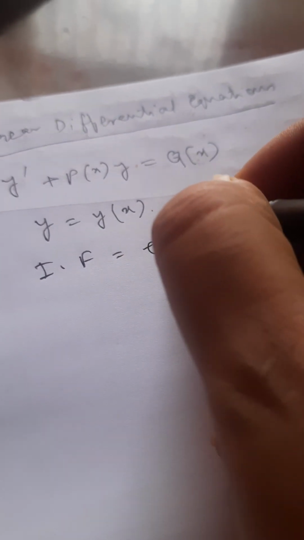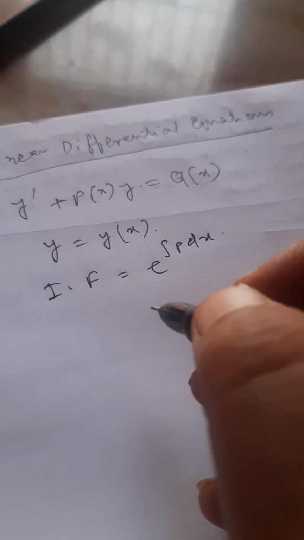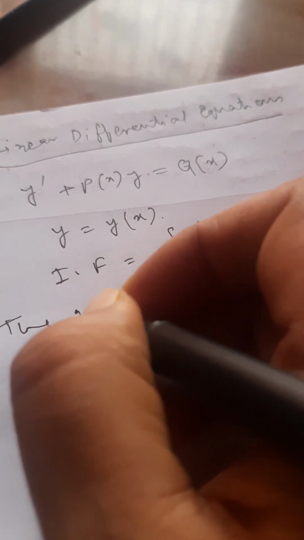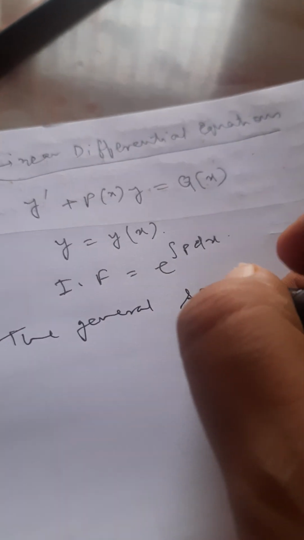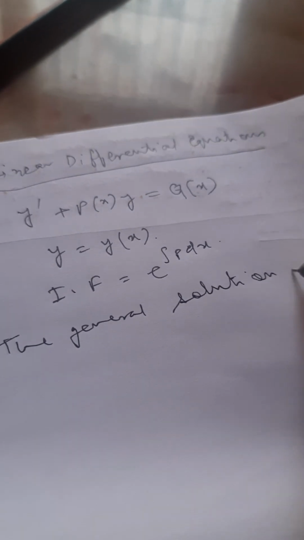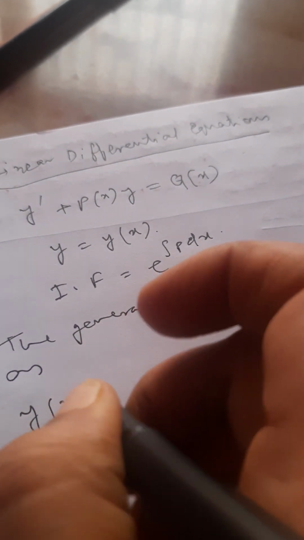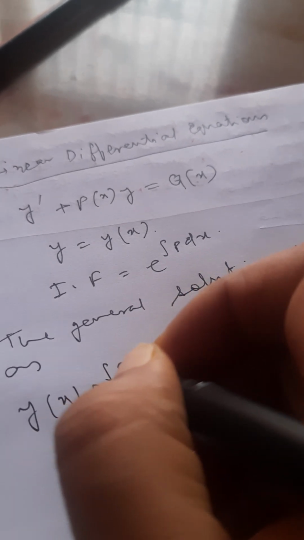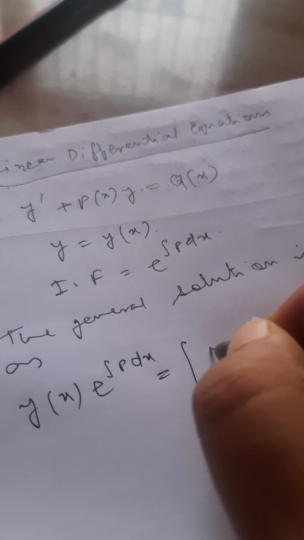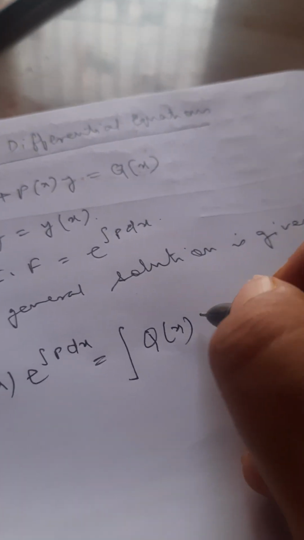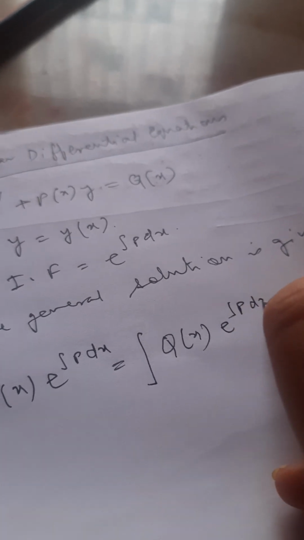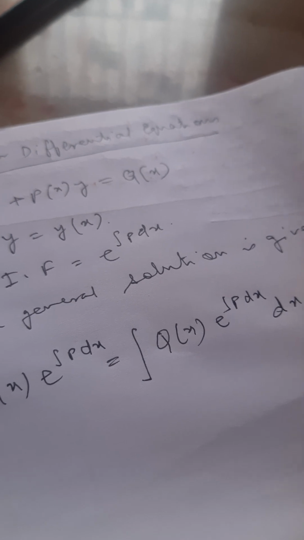The integrating factor is given in the form e to the power integration of p dx, and the general solution is written as y(x) times the integrating factor e^(∫p dx) equal to the integration of q(x) times the integrating factor e^(∫p dx) plus a constant c, where c is an arbitrary constant in the general solution.